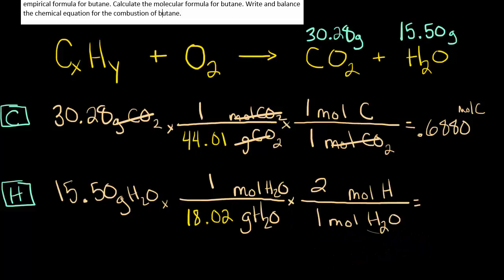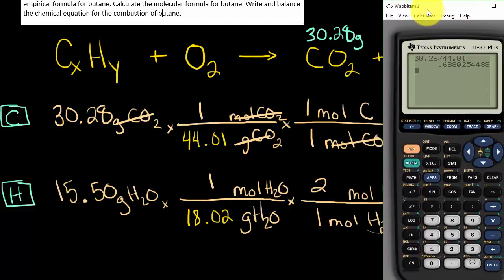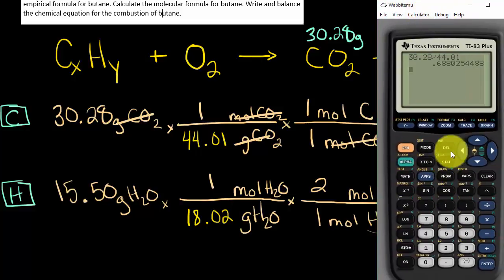So now we're ready to pull up our calculator and do a little bit of math here. Ooh, don't want to pull it out of the screen there. So let's clear out what we have. So we have 15.50 divided by 18.02. Okay, and we're not going to round that.